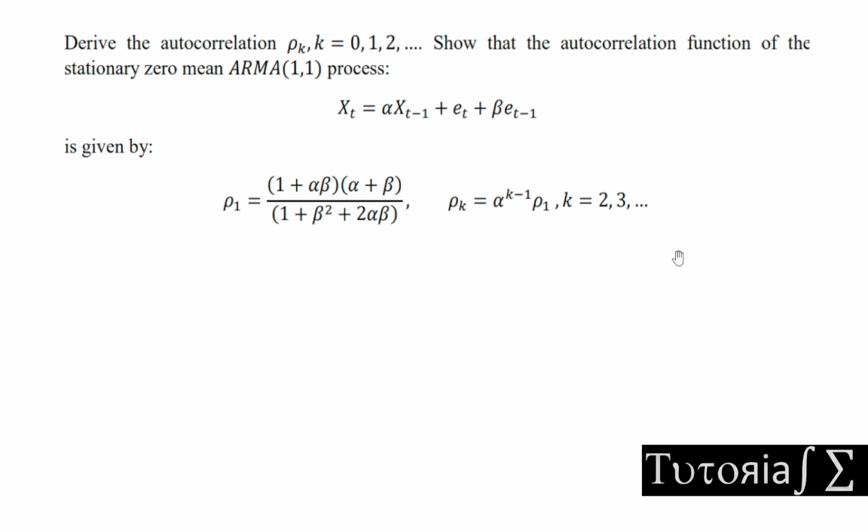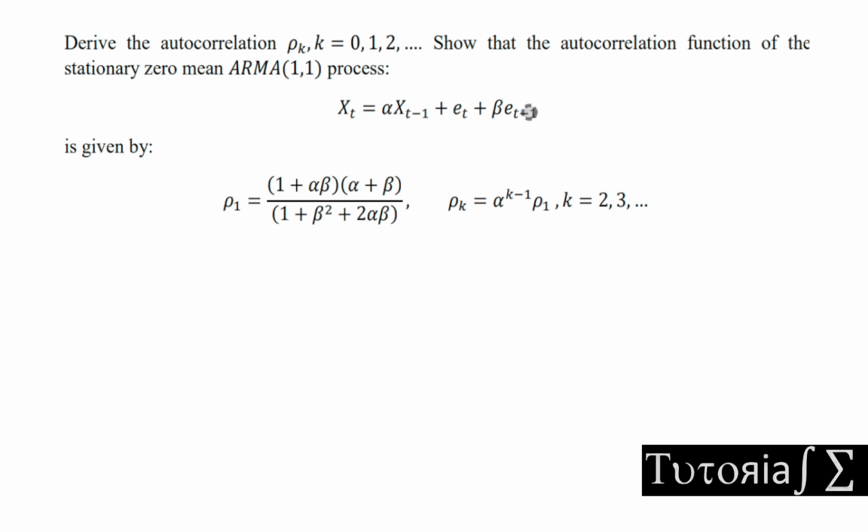Now, in this lesson, we are in the time series section, and we are looking at a very interesting question here. The question reads: derive the autocorrelation rho k for some k equals 0 all the way to infinity, and show that the autocorrelation function of a stationary zero mean AR(1) process is given by this.